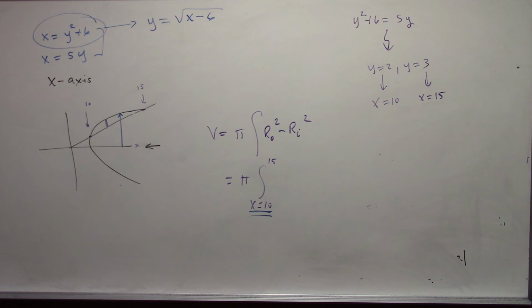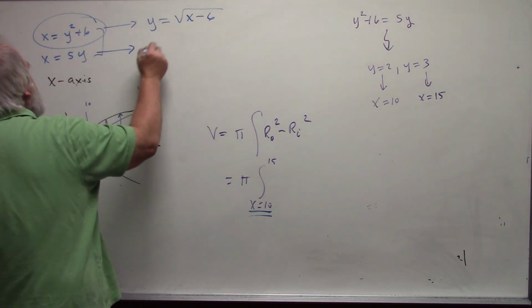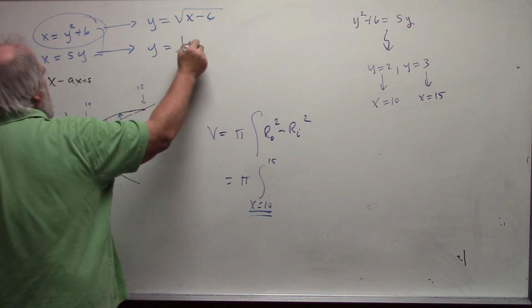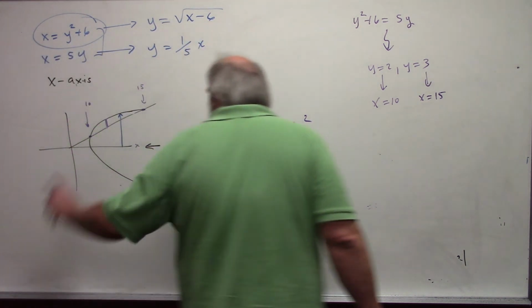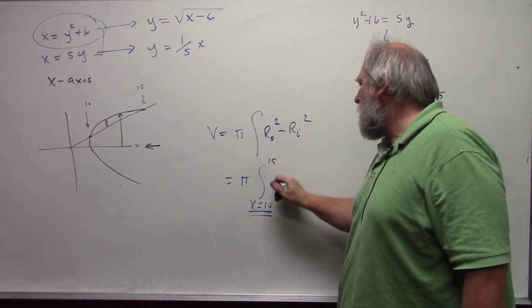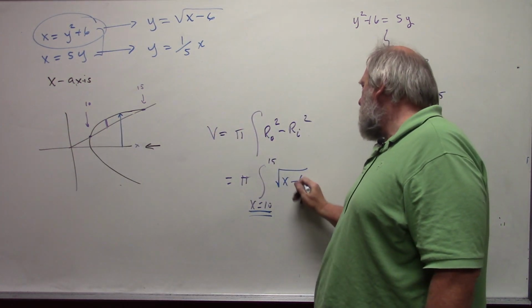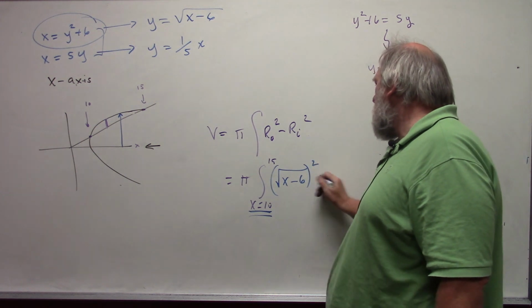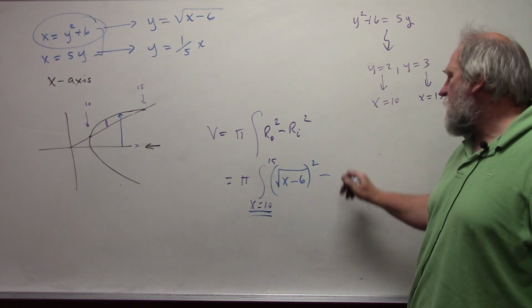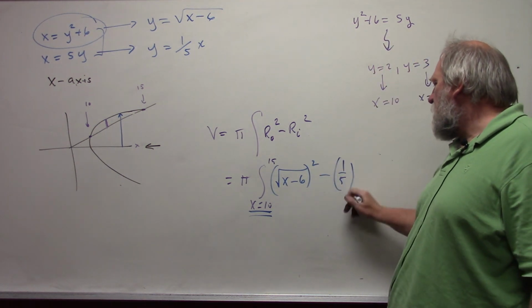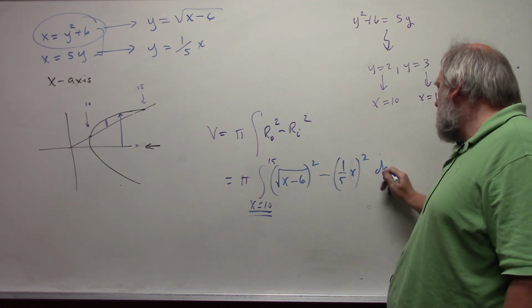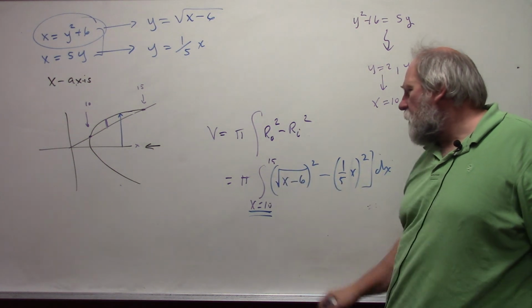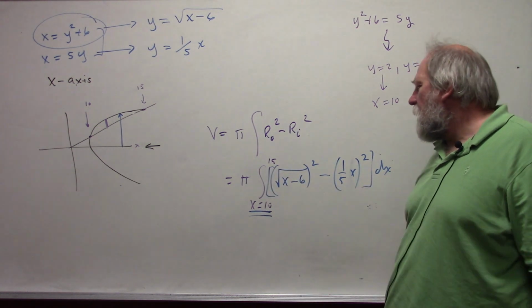I get what y equals. And similarly, this one, y is equal to 1/5 x. So my outside radius, the parabola, would be the square root of x minus 6, quantity squared, inside radius, 1/5 x, quantity squared. And again, multiply this out, etc.